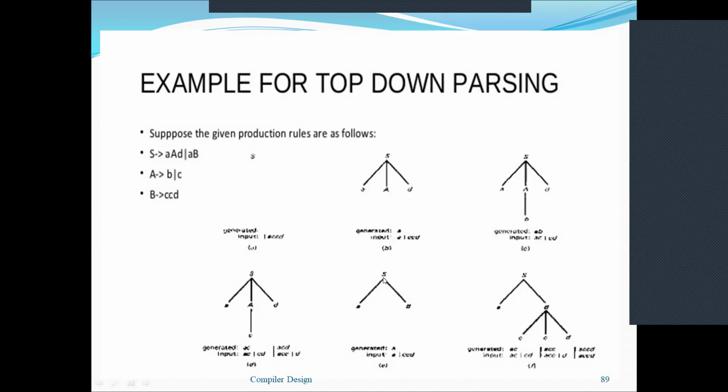Here also S has the value of A and B, where B can be C, C and D. So this is how top-down parsing is being done. It's a very simple case of doing top-down parsing.